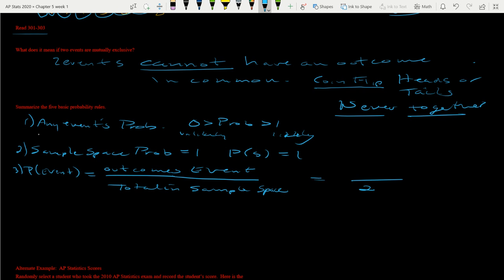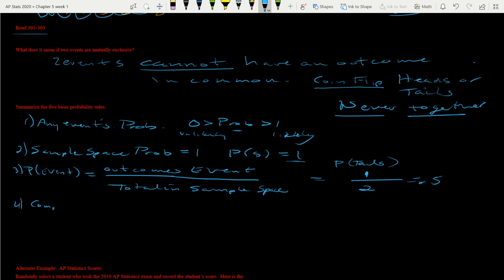So the probability that it's tails is 1 possible outcome for the total of 2. So that's why it's 0.5. And that 0.5 falls between 0 and 1. And if we add the probability of heads, that's 0.5, and that adds up to equal 1. These are basic probability rules that just make a little bit of sense when you start looking at them.